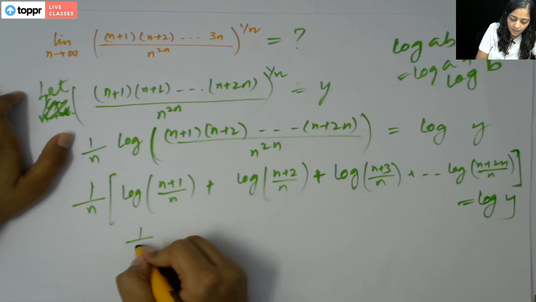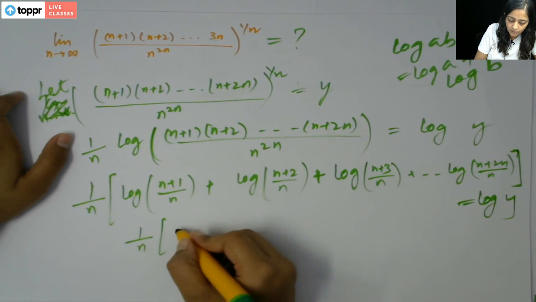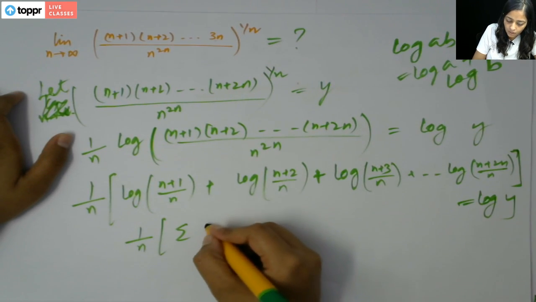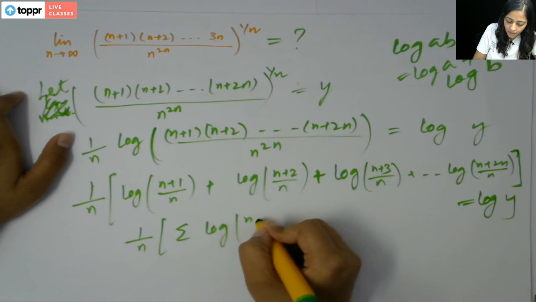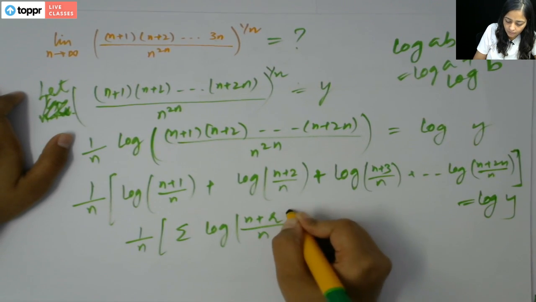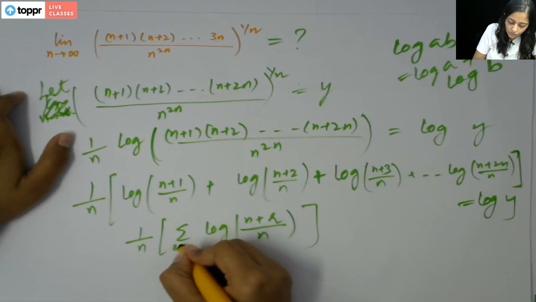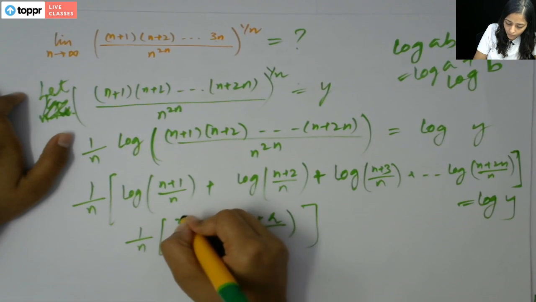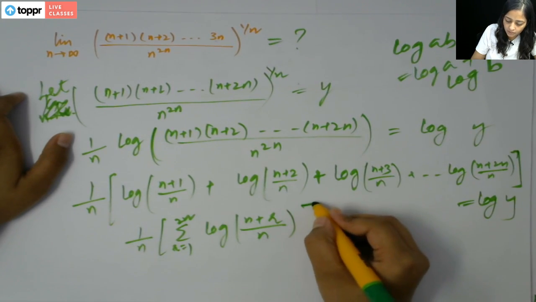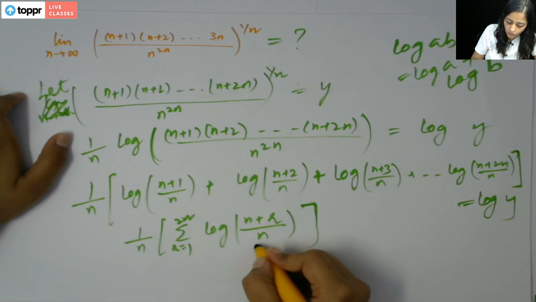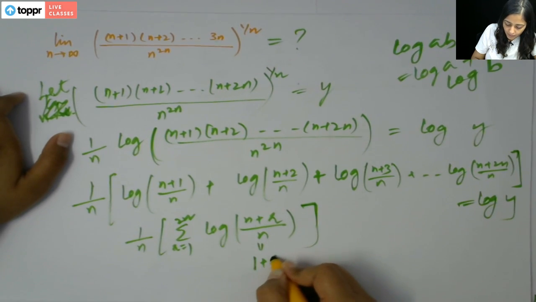So this can be written as 1 by n summation log of (n plus r) by n, where r is varying from 1 to 2n, right? So this can also be written as 1 plus r by n.